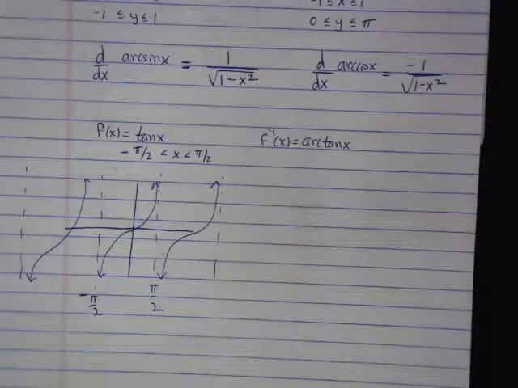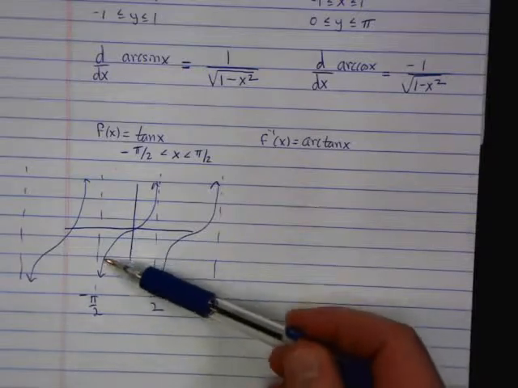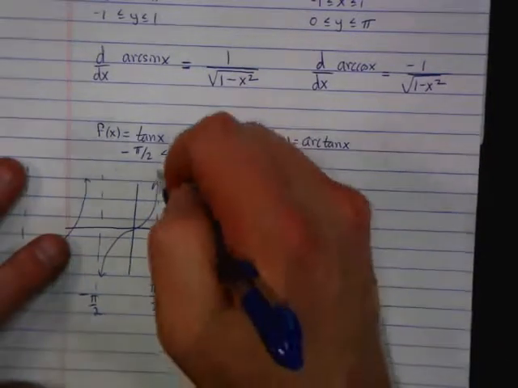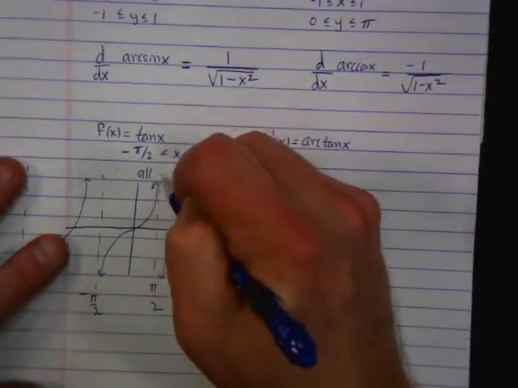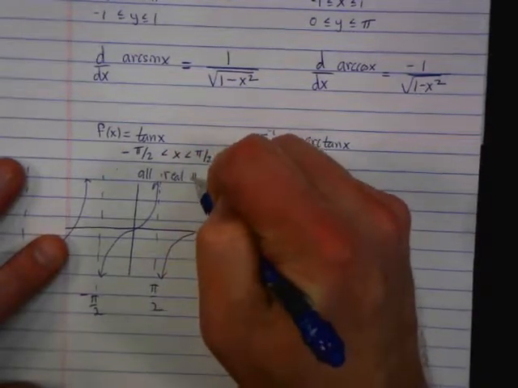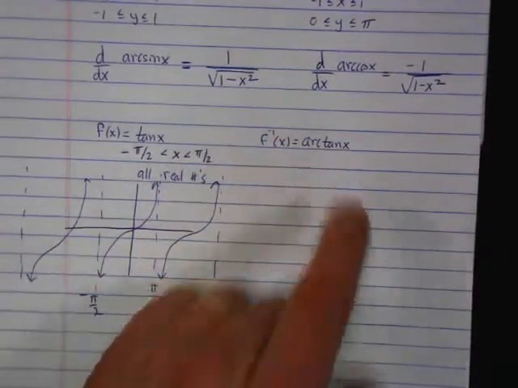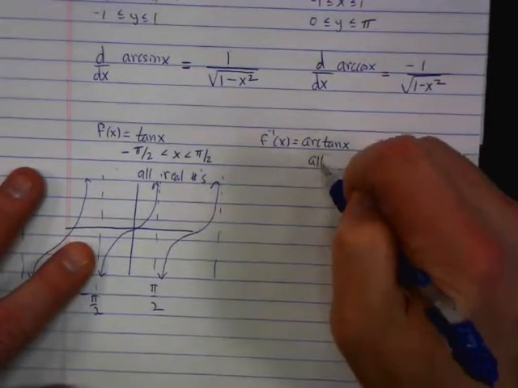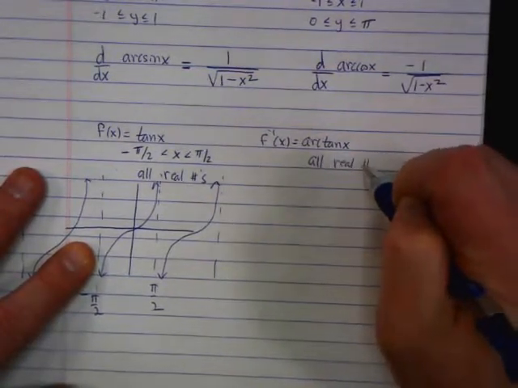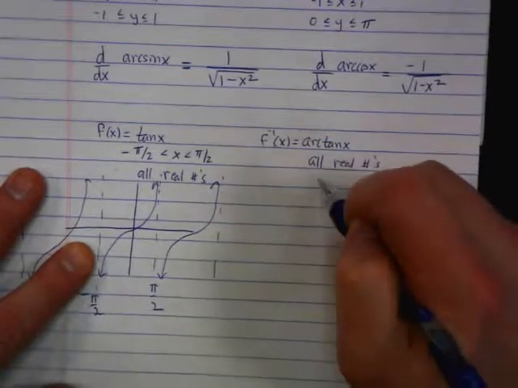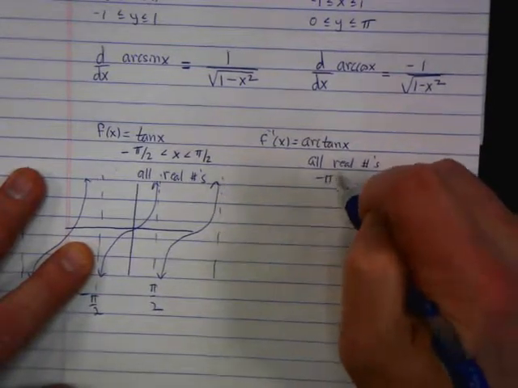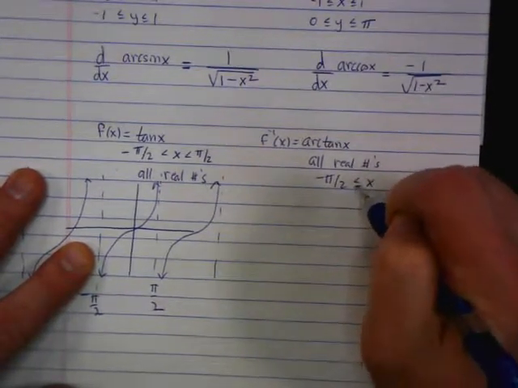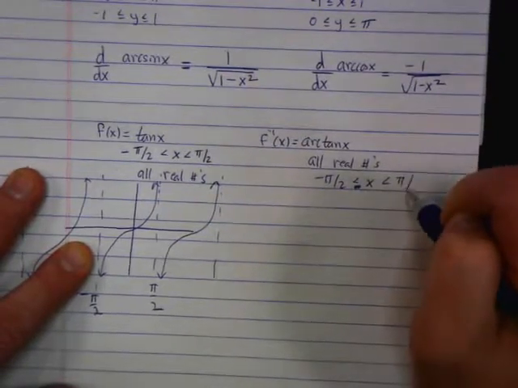So our domain for tangent is almost identical to our domain for sine. How about the range? What kind of y numbers do you get on tangent? All real numbers, because this goes down forever, it goes up forever. So the range is all real numbers. So over here on our arctangent, our domain becomes all real numbers, but our range is angles between minus pi over 2 and pi over 2.